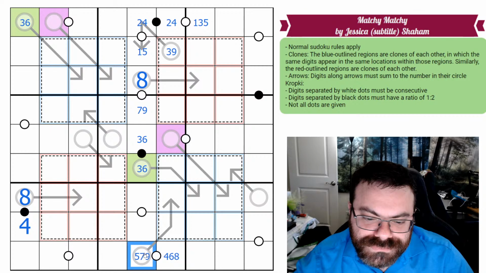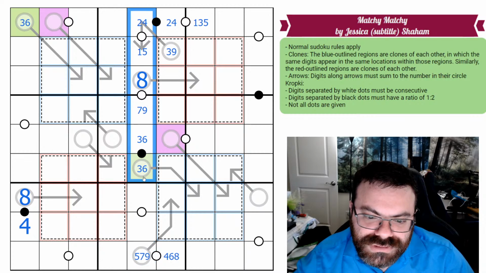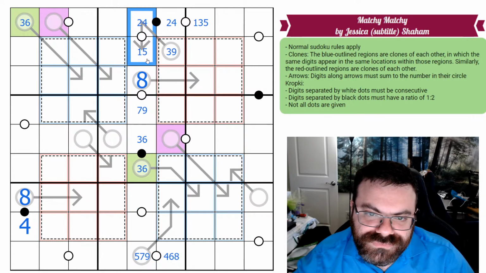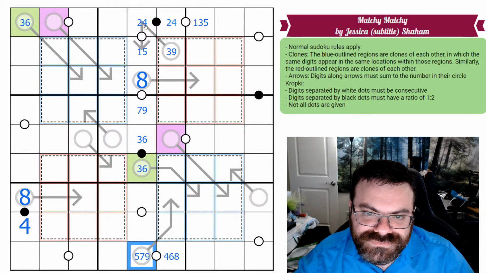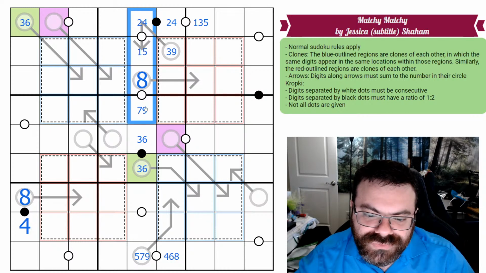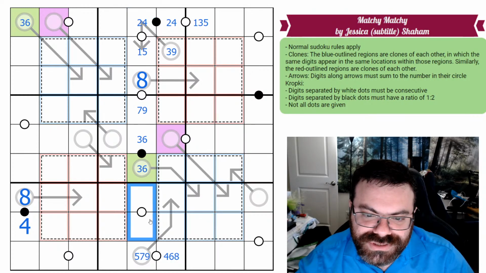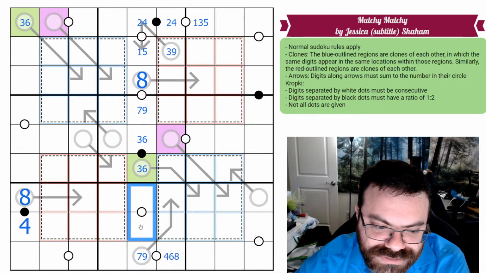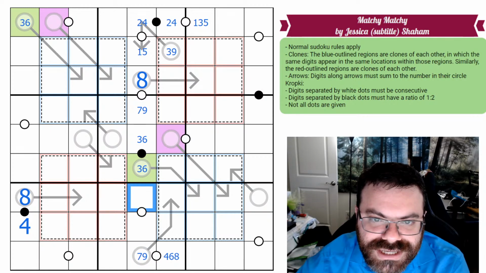I see. I guess the question is, if this is 4, 5, that's not a 5. If it's 1, 2, where does 4 go in the column? It has to go here. The 4 can't go with the 3. So this can't be 5 because this would be the 4, 5 in that case. So let's take a look.